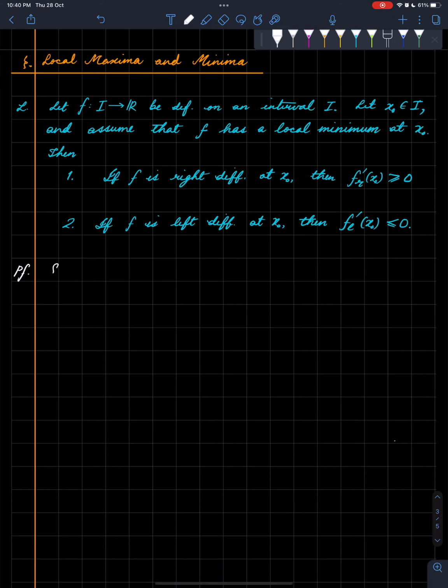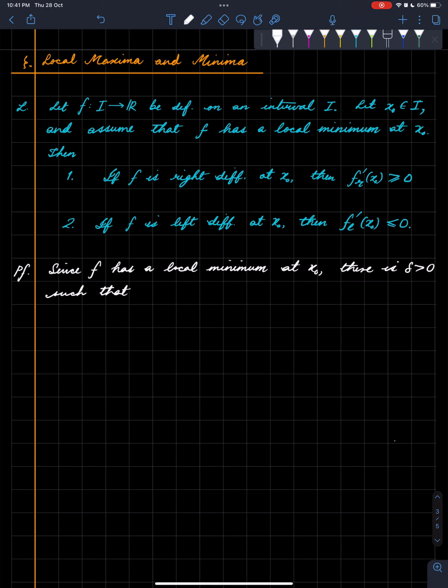So since f has a local minimum at x naught, there is delta greater than 0 such that whenever you pick x in a right delta neighborhood of x naught, then what happens?